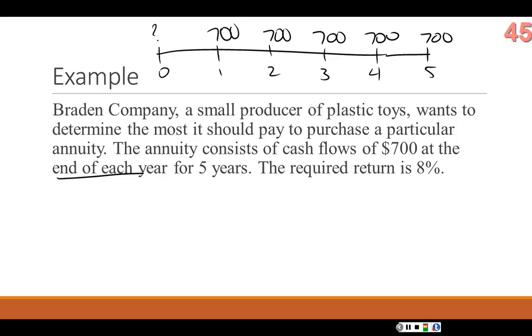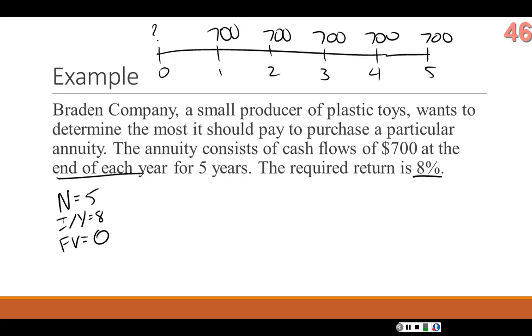So you could find the present value of each of these cash flows individually and add them up. Or you could use the payment button on your financial calculator. So N is 5. The interest rate is 8. The future value is 0.